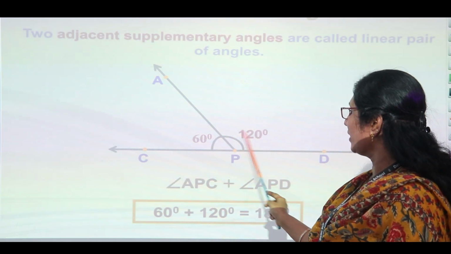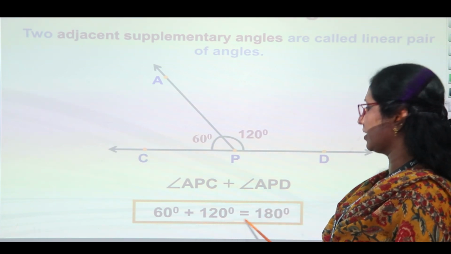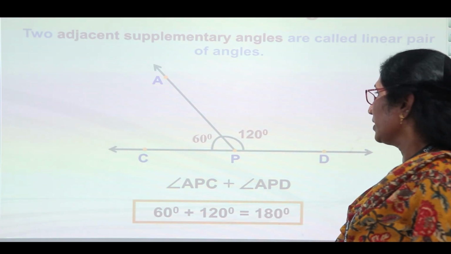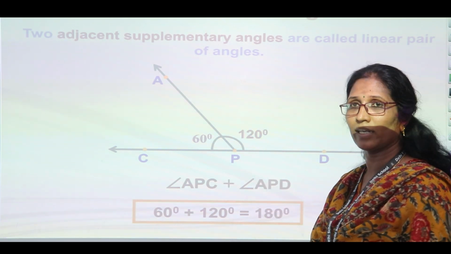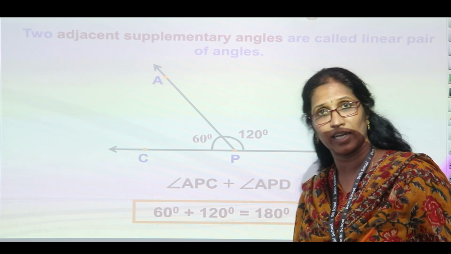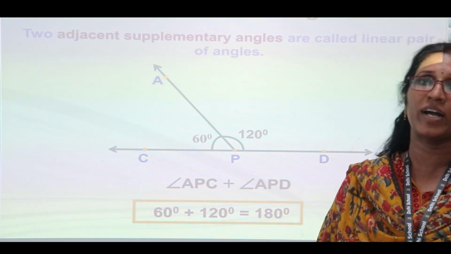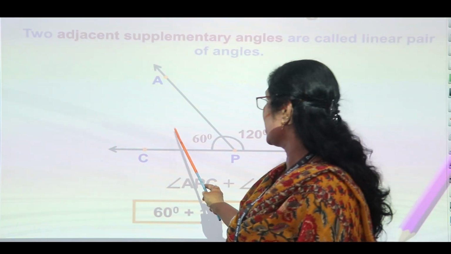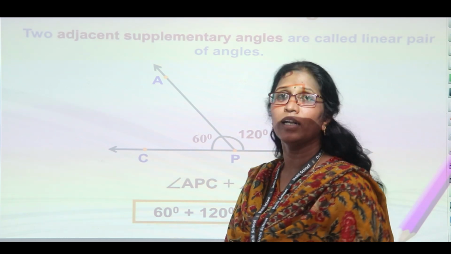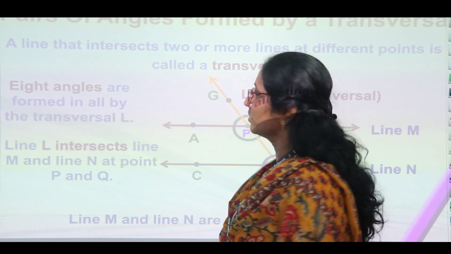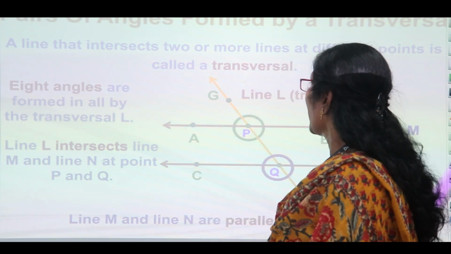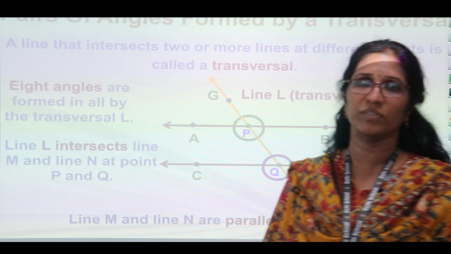When we add these two adjacent angles, the sum is equal to 180 degree. From this we understand that to make linear pair angles, first there should be adjacent angles and their sum should be 180 degree, and those two adjacent angles are called a linear pair of angles. And the next concept is a pair of angles formed by a transversal.